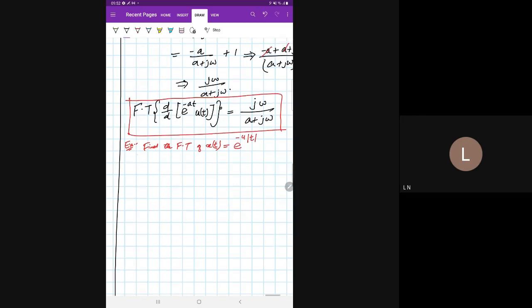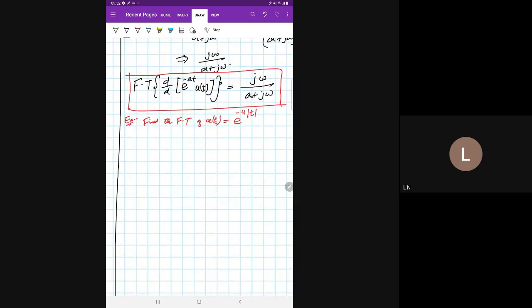Now see, Fourier transform of x of t will be equal to x of j omega, and x of j omega will be equal to, applying the general formula of Fourier transform, integral from minus infinity to plus infinity of x of t, then e raised to power minus j omega t dt.